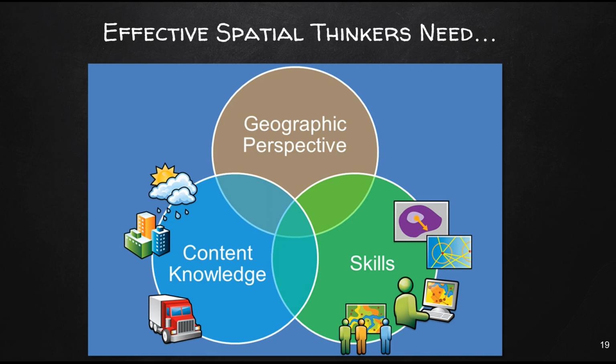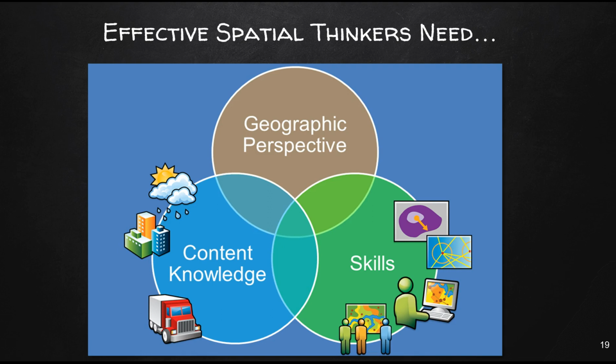So the geographic perspective is tied to geographic inquiry, and the geographic inquiry process entails asking a geographic question, gathering relevant geographic data, analyzing that data, assessing that data, and making a decision based on that data.